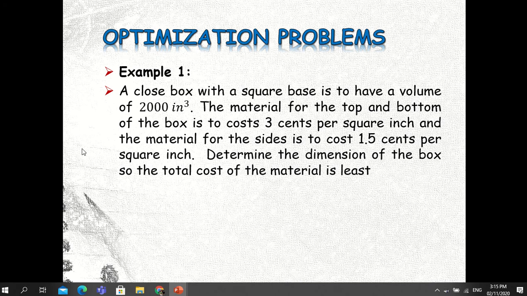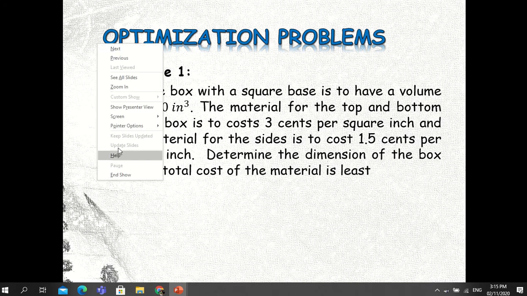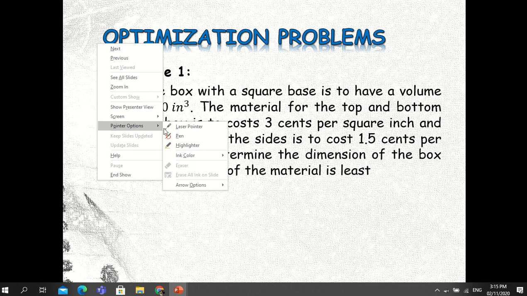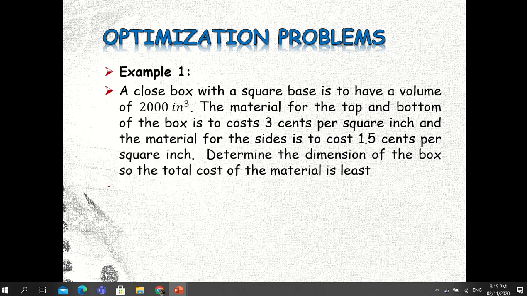Okay, so first we need to write down the givens to help us analyze this problem, class. Given in the problem, the box is to have a volume of 2000 cubic inches.